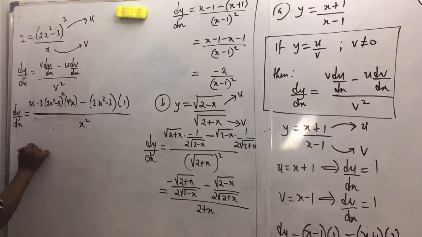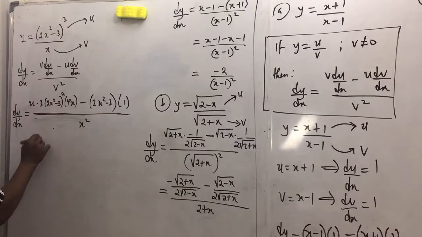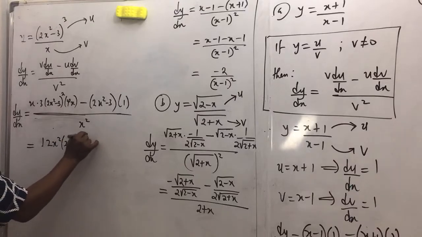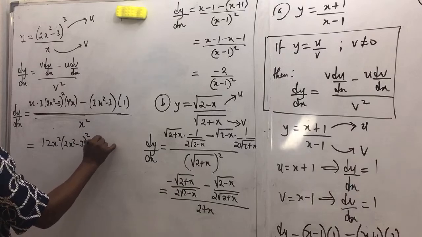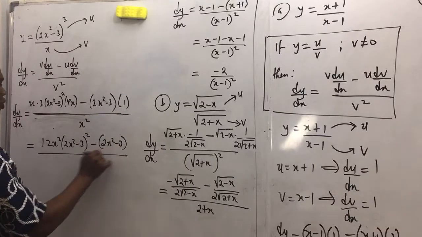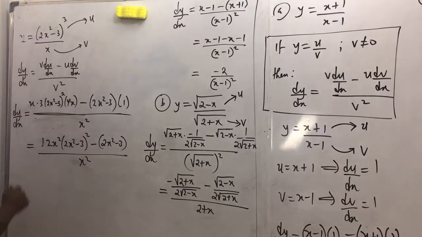So if you simplify, you end up having 3x times 4x, which is 12x squared, times (2x squared minus 3) all squared, minus (2x squared minus 3) when it multiplies 1, all over v squared. You could factorize if you choose, but I would leave my result in this manner.